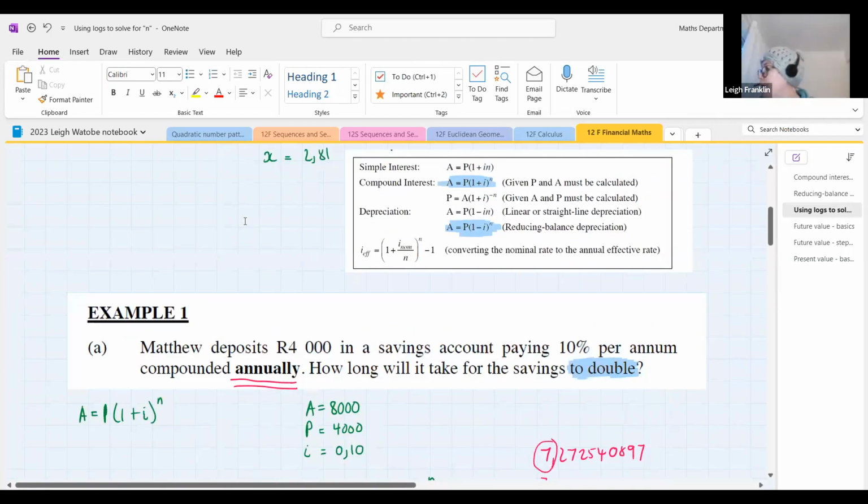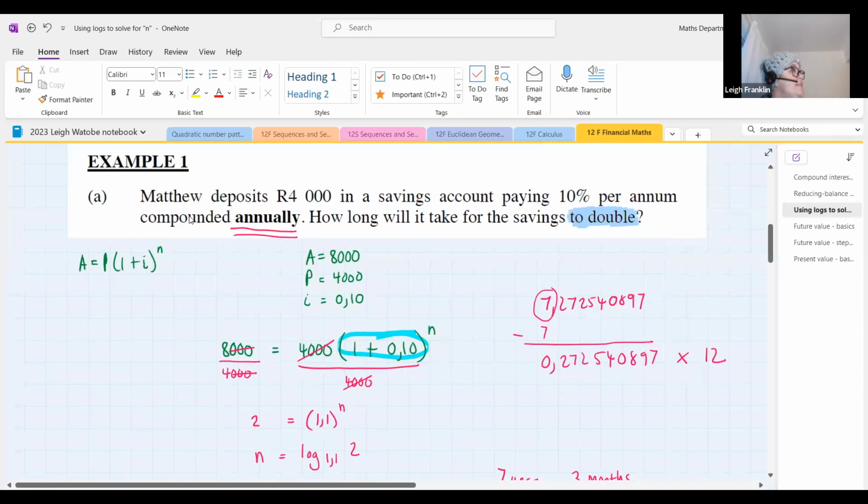They weren't talking about a car depreciating. They were talking about Matthew depositing 4,000 Rand into a savings account, paying 10% per annum compounded annually. So all of those words, the fact that it's a savings, that it is compounded annually, that's your clue that you've got to use compound interest.